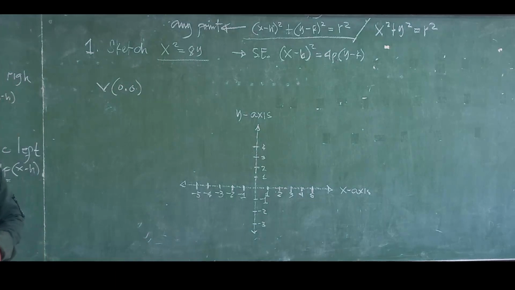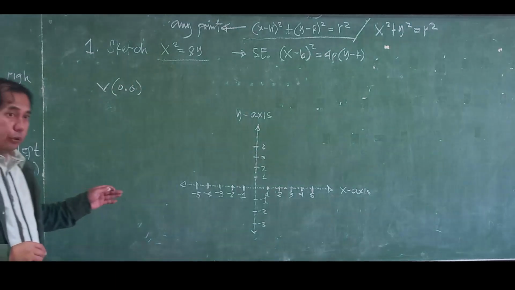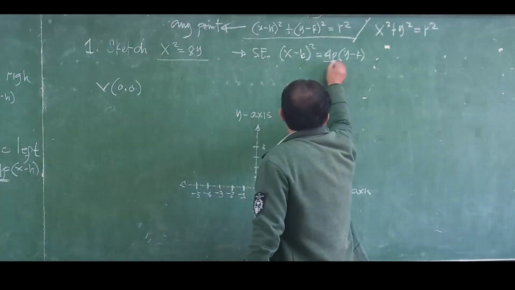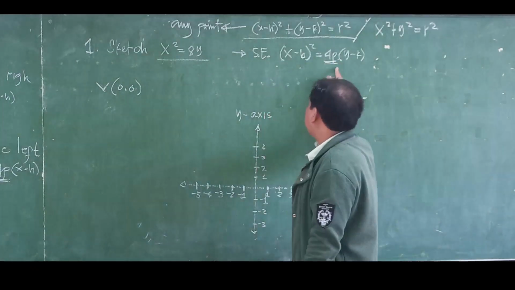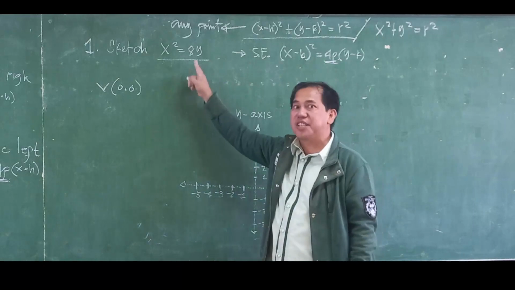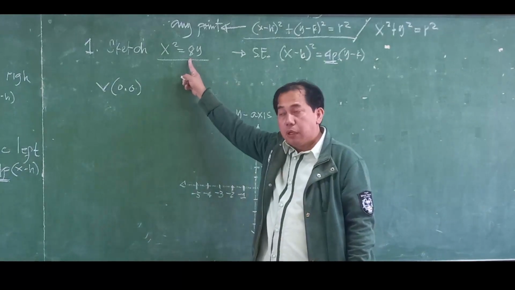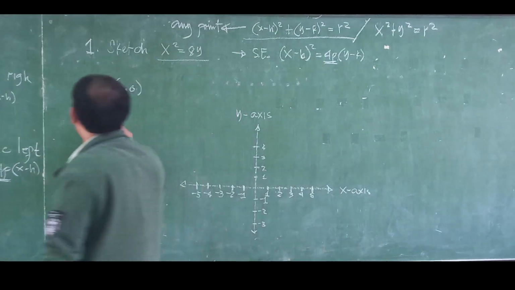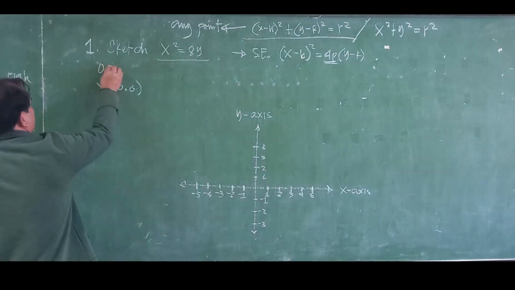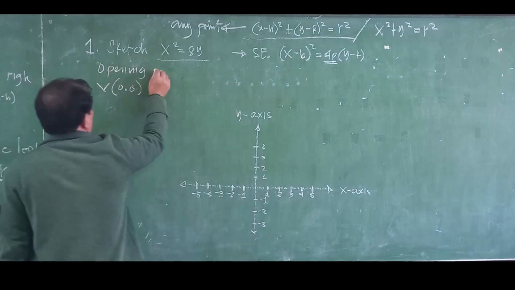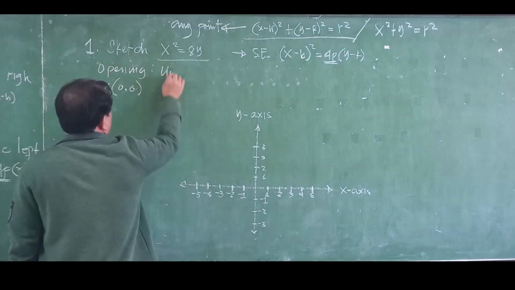Okay? Now, notice that our 4p, which corresponds to this one, is 8. Meaning, positive 8. You can now consider the opening. What opening? Upward. Opening is upward.